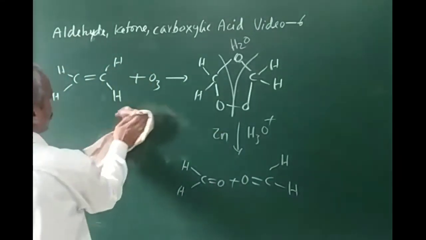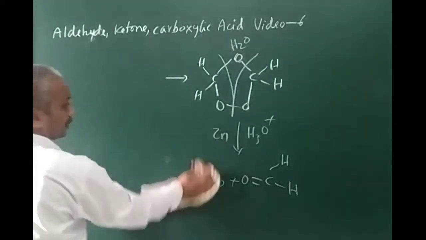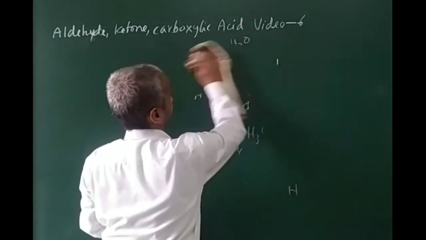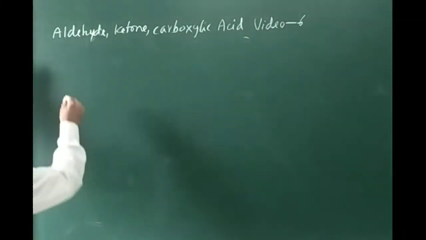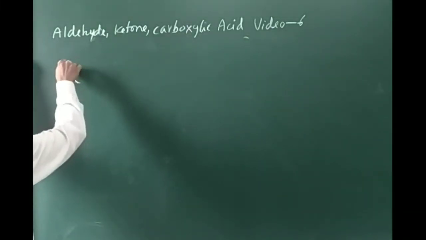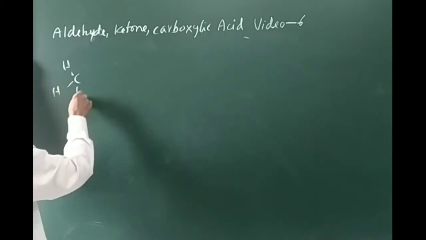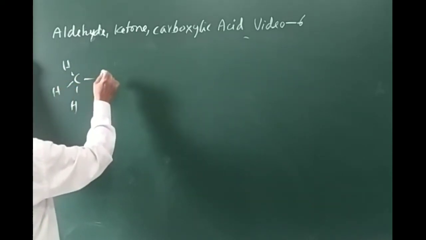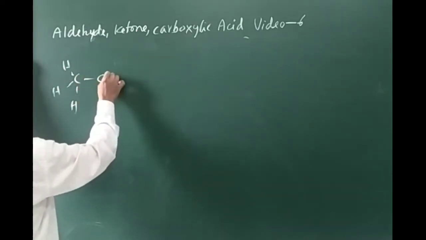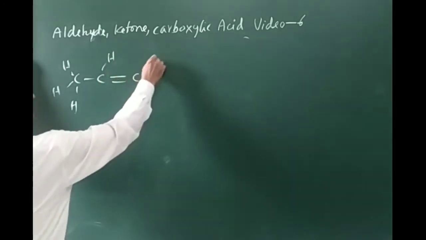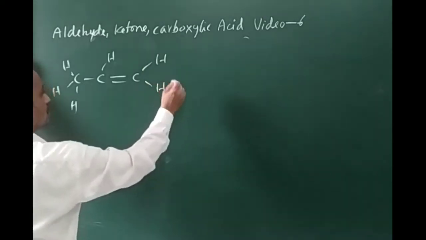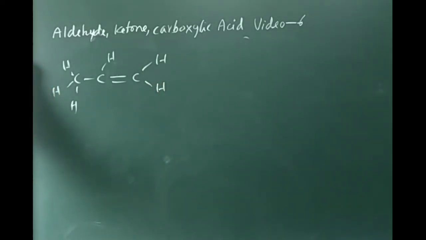Now the side product is zinc oxide. Take this example now. CH3CH=CH2, propene.